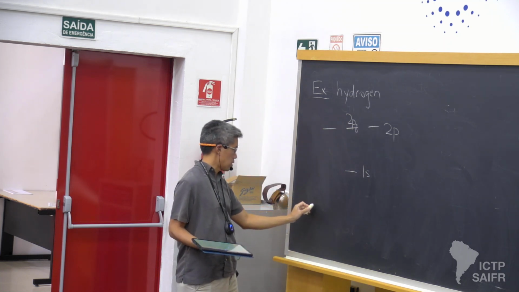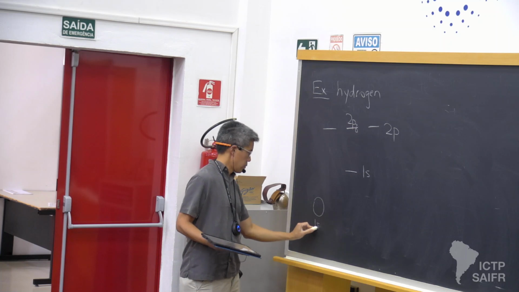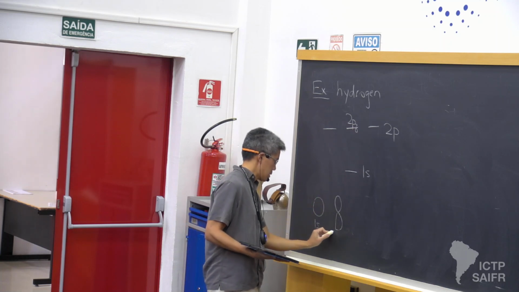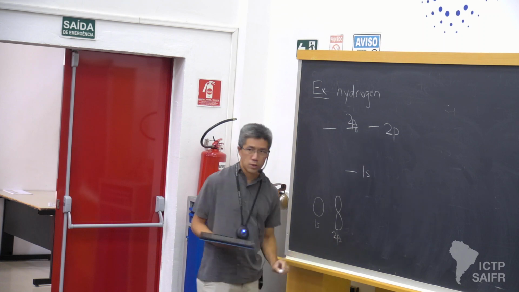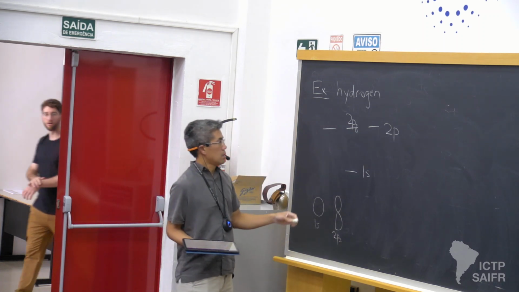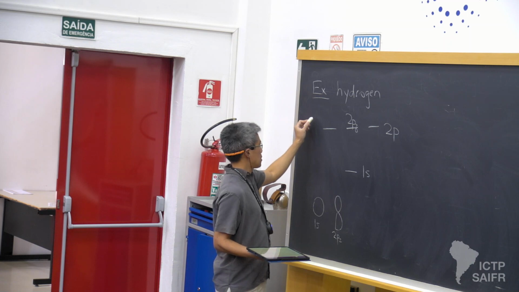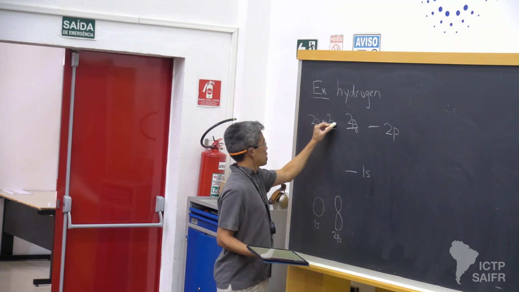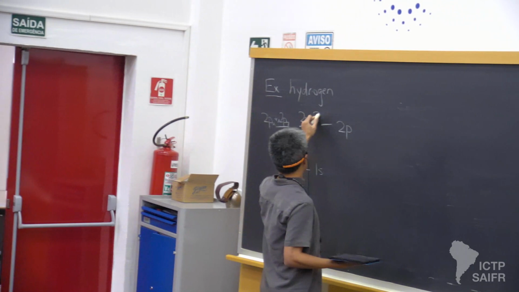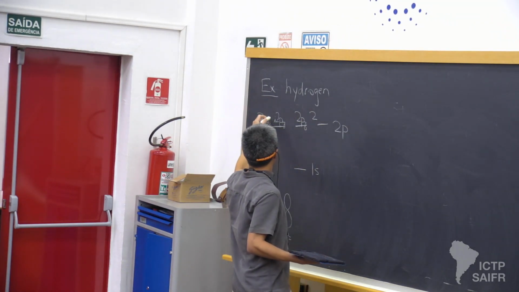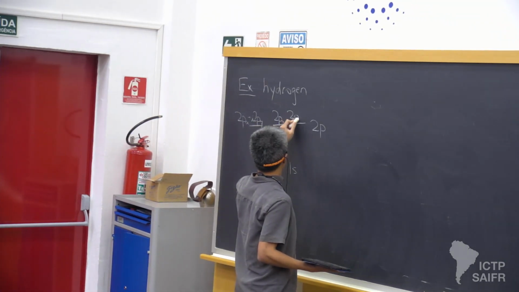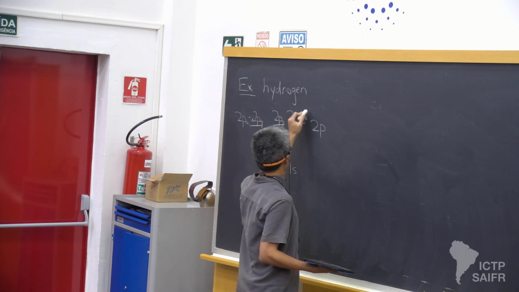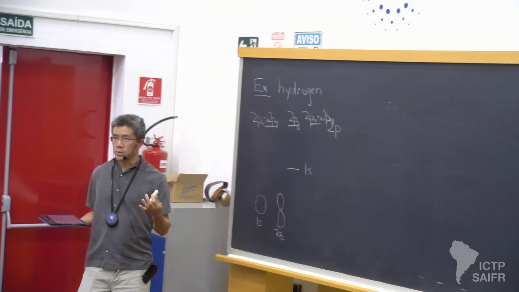So if I draw the orbitals, 1s is symmetric. 2pz would be a wave function that looks like that, etc. You could also define things like 2px or even superpositions. So you could take a coherent superposition of px and py.